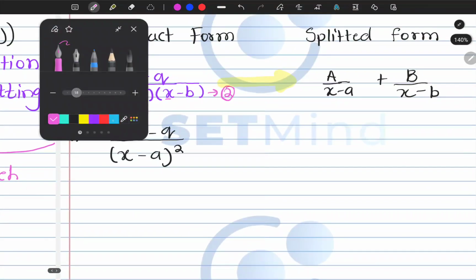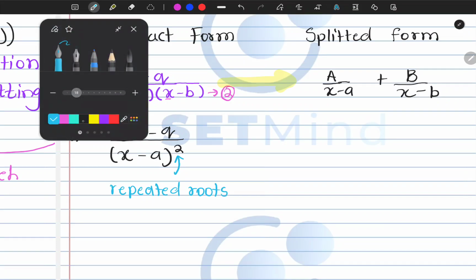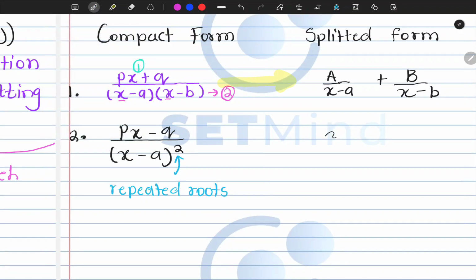When you have such a case, since you have a square there and something in brackets, it means that you have repeated roots. When you have repeated roots and you split it, in this case the power is 2, so we are going to have A divided by x minus a, plus, since there are 2, we split it twice, B divided by x minus a all squared.